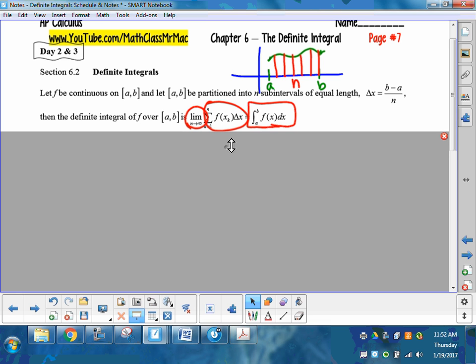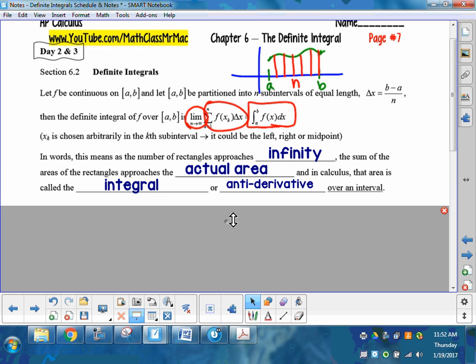Use appropriate language. The way we say it is, the integral of f of x from b to a. The b is the upper bound, or the rightmost point. The a is the lower bound. So it goes the integral of f of x from b to a. That means you're collecting the area under the curve of f of x from b to a.